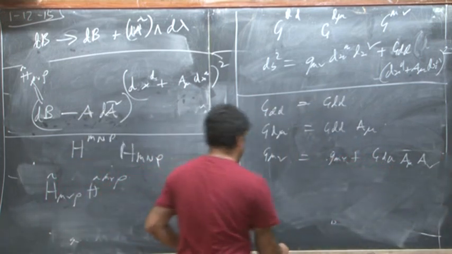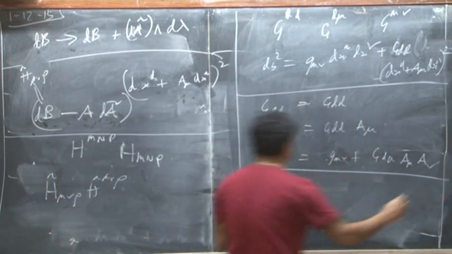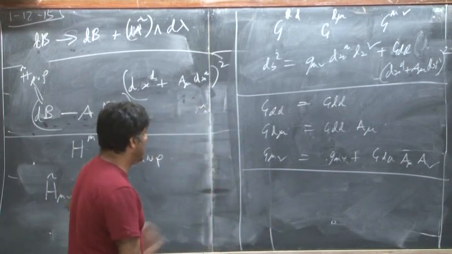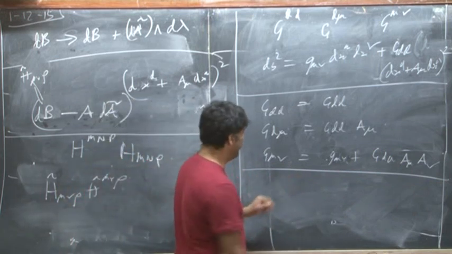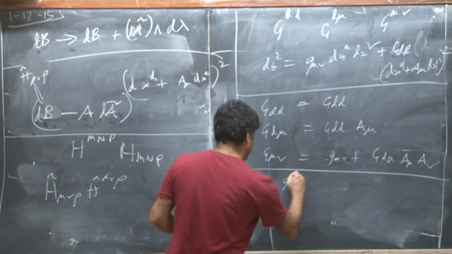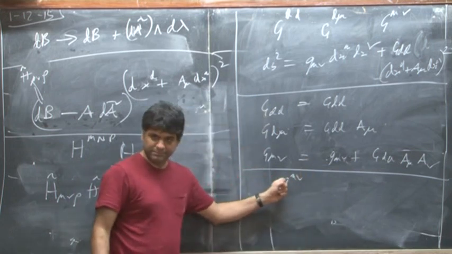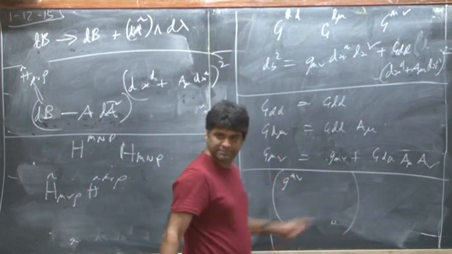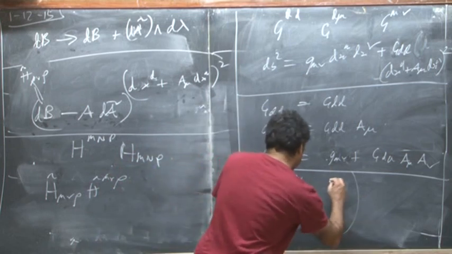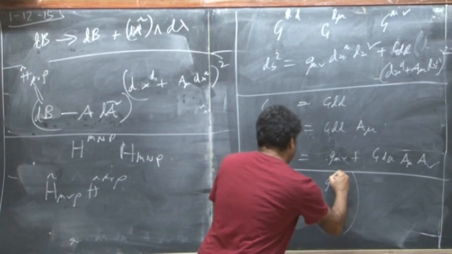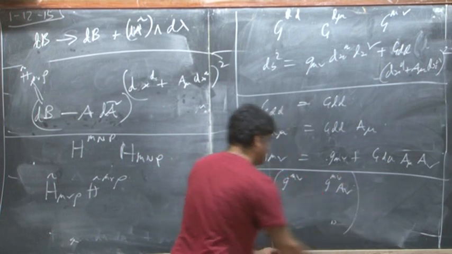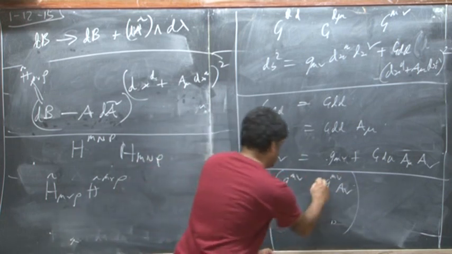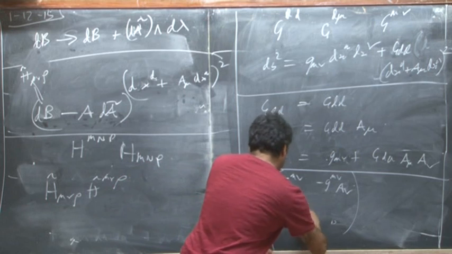Okay, and then we worked out the inverse metric. So the inverse metric, if I'm, are you saying this was just g mu nu? Yeah, g mu nu. And what about the mixed terms? Minus g mu nu A nu, minus g mu nu A mu.